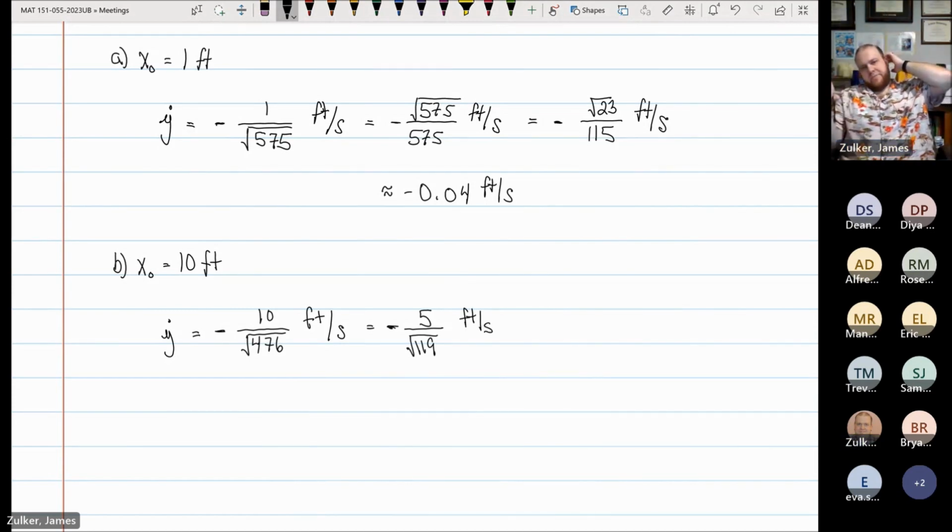Simplifying it, or you can pull a 4 out from the 476, if you prefer it rationalized.